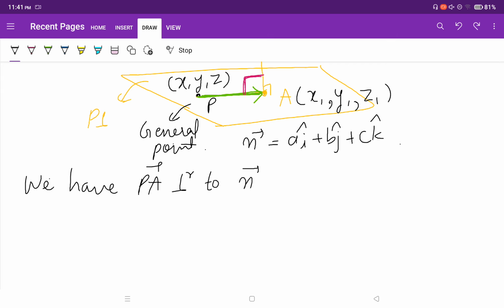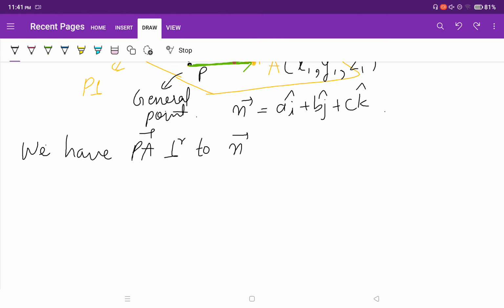And if PA vector is perpendicular to N vector, we can use the dot product between the vectors, because it will include cos theta, and cos 90 is 0. So we can write PA vector dot N vector will be 0, right?